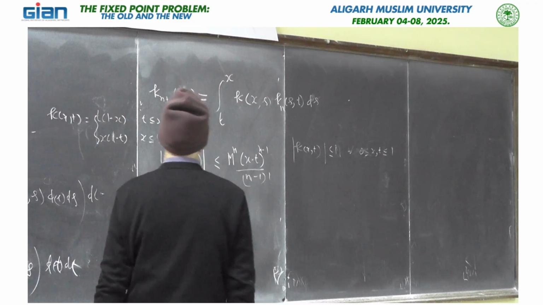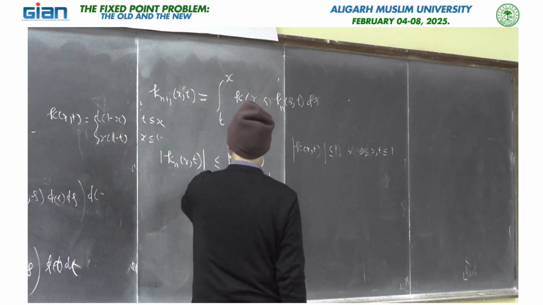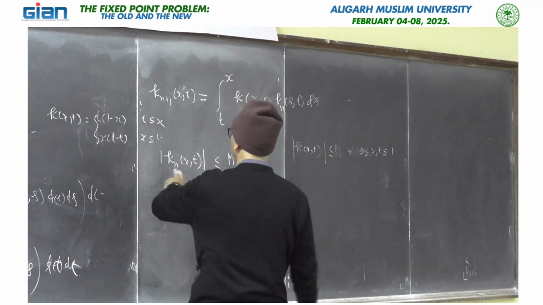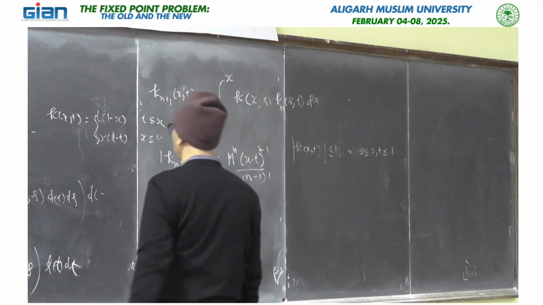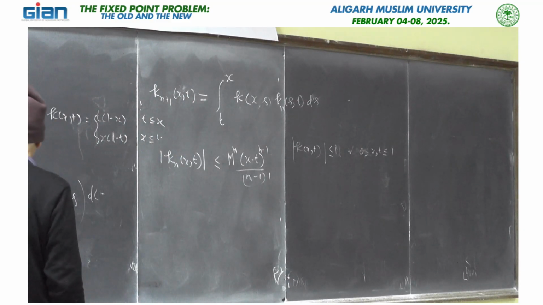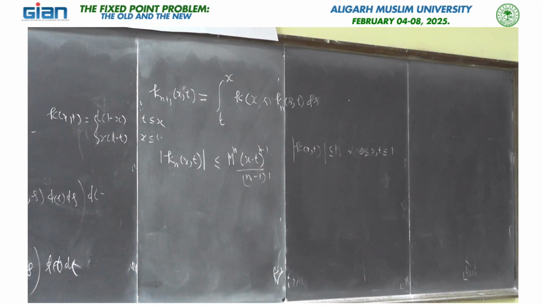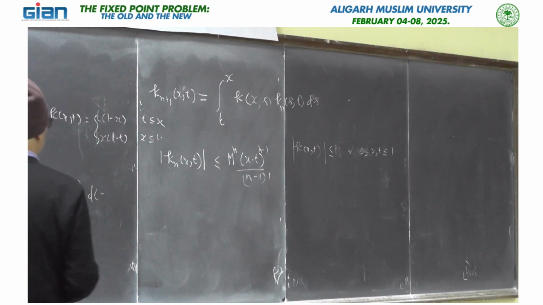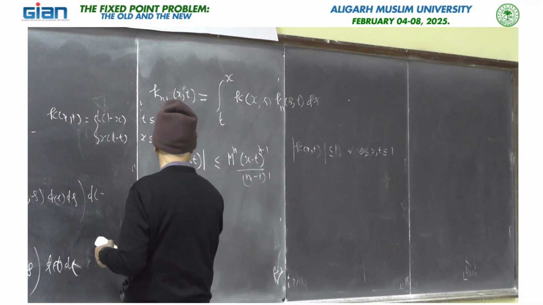Of course, for n equal to 1 it holds there. For n equal to 2, we have K2 like this, and what you get is M squared and |x-t|, times the norm of phi there. So, let us look at |K2(x,t)|.